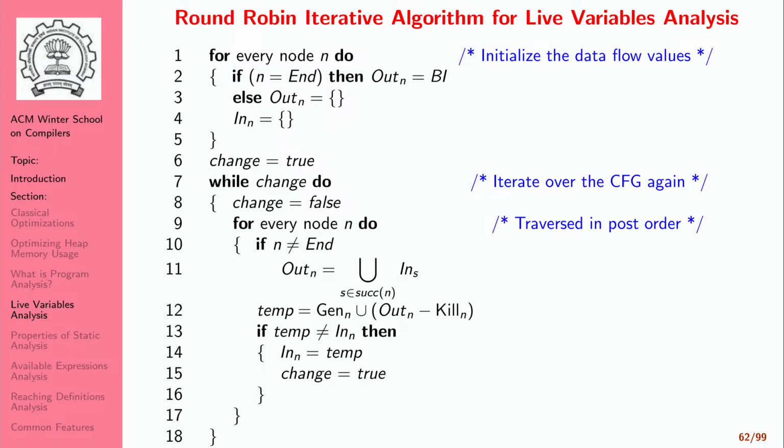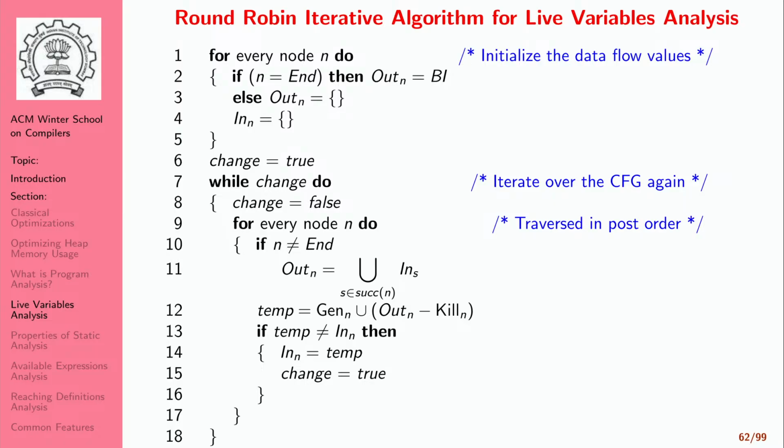What do you mean by iterating over the graph? For every node n, compute out n from its successors and compute in n, and if temp is not same as in n, you say okay there is a change, so you need to go over it once again.